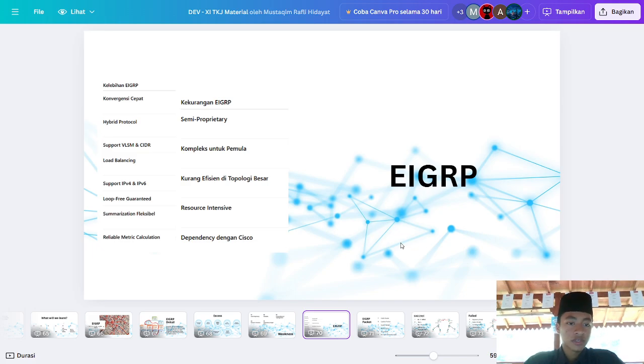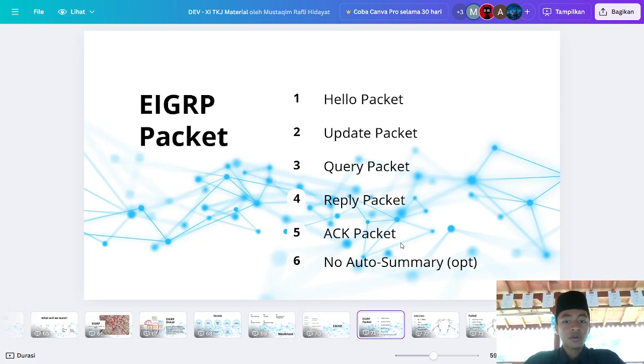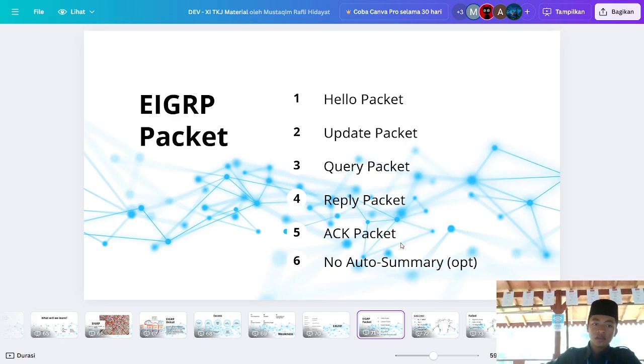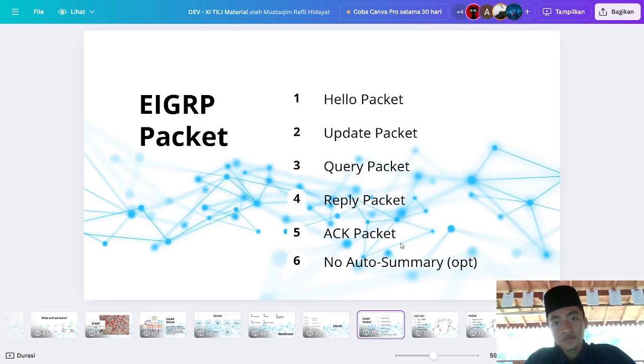So as you can see here, we are going to explain a little bit about the basics of EIGRP, which is the packets. How do EIGRP connections in a network connect with each other? As you know, a router must send a hello packet to make sure that the other router is using the same EIGRP and is in the same autonomous system.